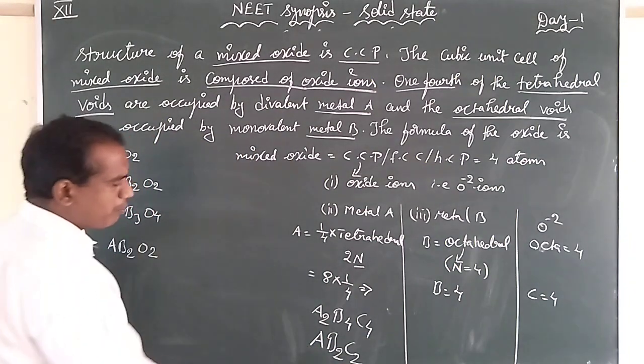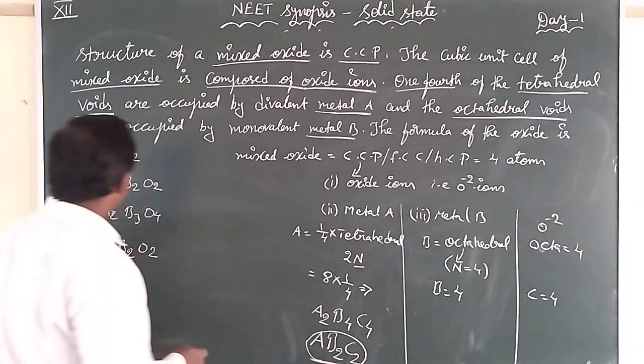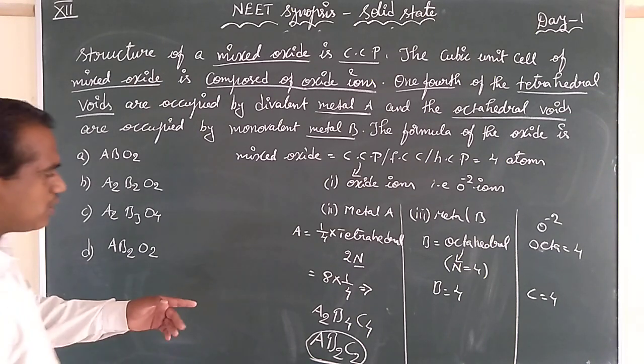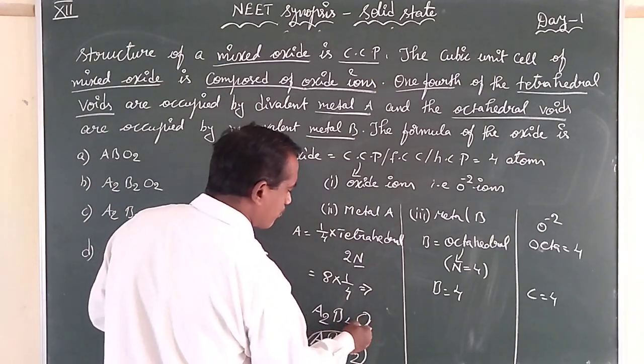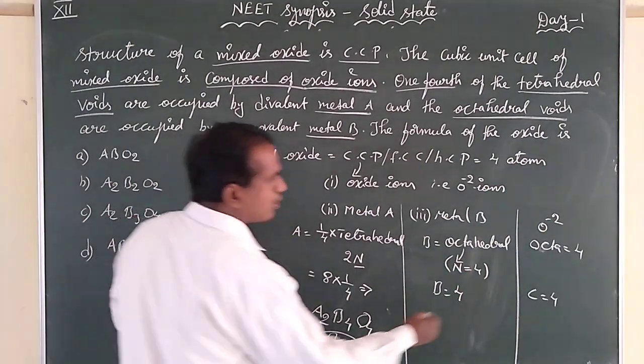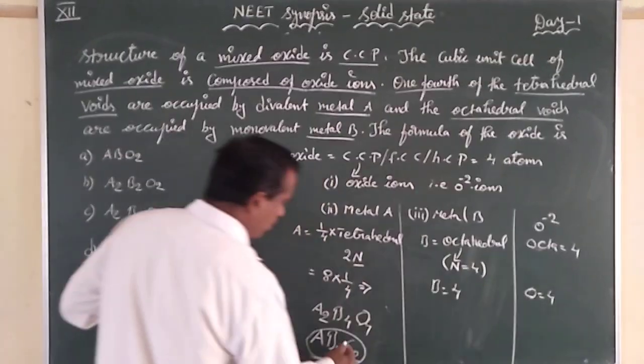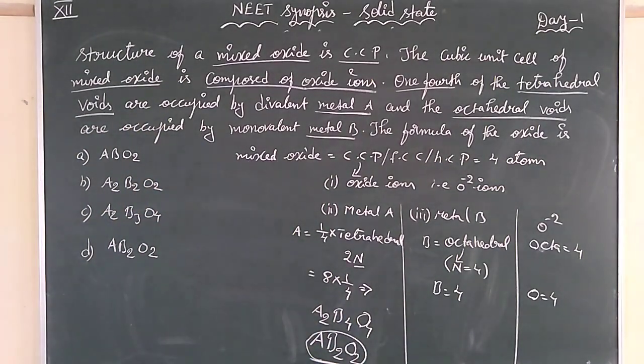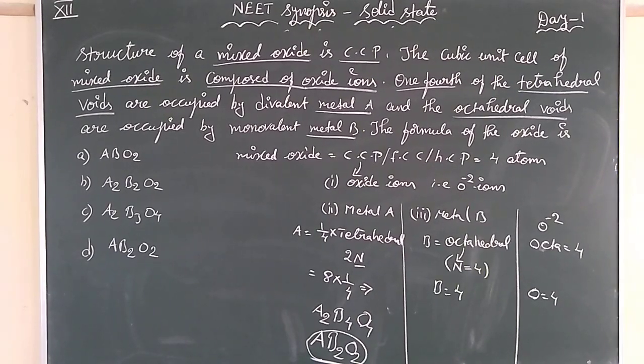This is the method of working with this type of problem. Not C2, that is oxygen; the third one is oxygen, which I have written as C. So in this method we will work with these problems. Let us see the next important concept, about radius ratio.